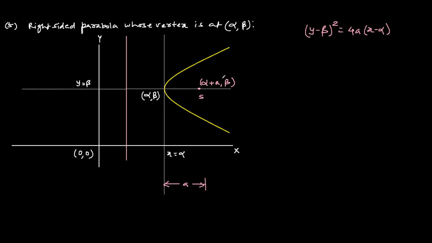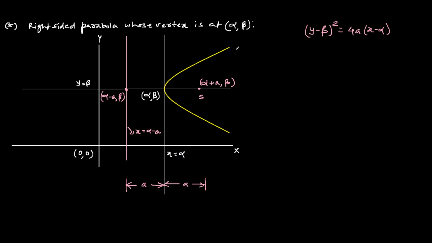This is the principal axis because the parabola is symmetrical about this line, y equal to beta. So this is the directrix, and we know that the distance of the directrix from the vertex is again a. So the coordinate of this point is alpha minus a comma beta. So we can write the equation for this directrix as x equal to alpha minus a.